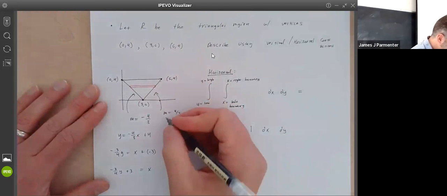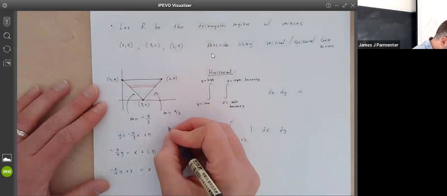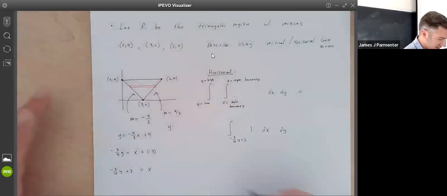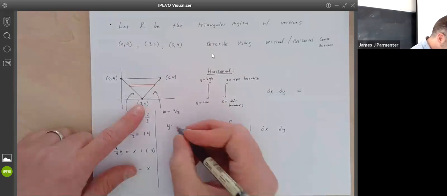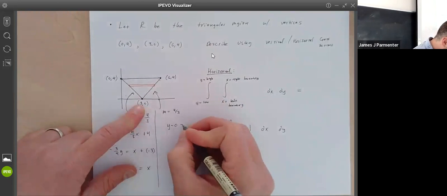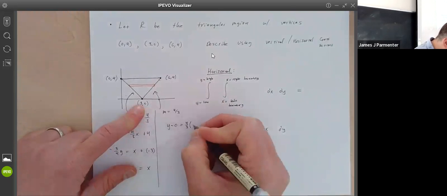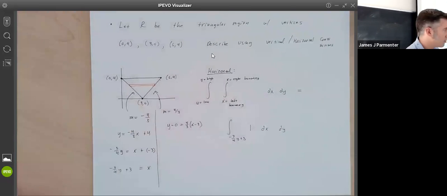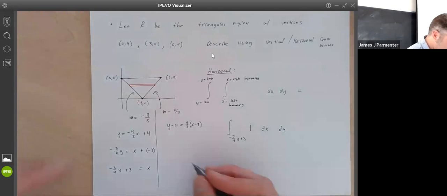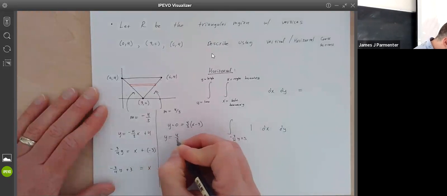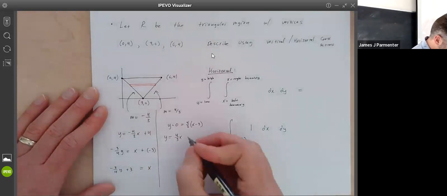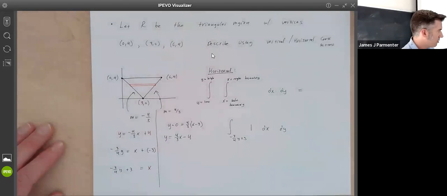Actually, not quite the same way. I'm going to use point-slope form: y minus the y coordinate equals my slope times x minus the x coordinate. I know I'm going to need x as a function of y. Multiplying that out, y equals 4/3 x, and 4/3 times minus 3 is minus 4.